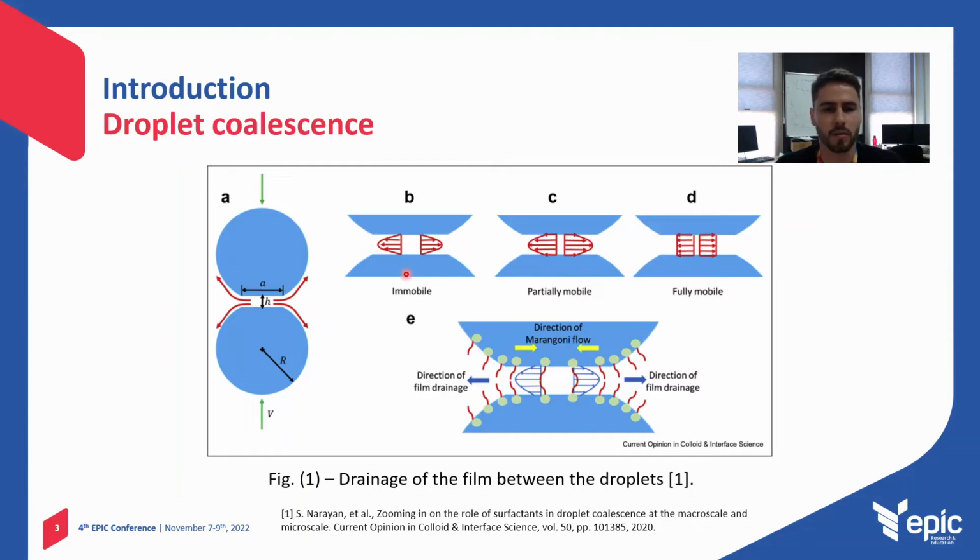And this mobility will affect the velocity profile of this liquid film, which will affect the time that it takes for this film to be depleted and for the droplets to complete the coalescence process. And this mobility is also related with the presence of surfactants or not.